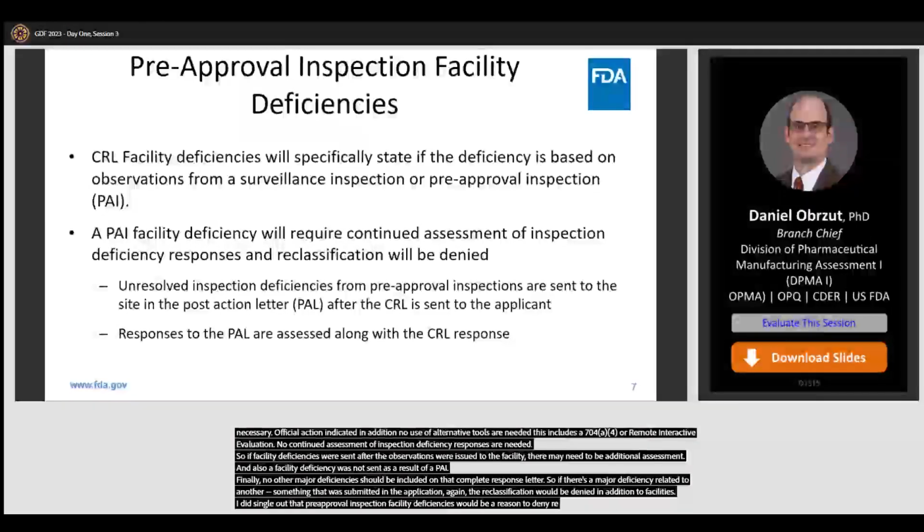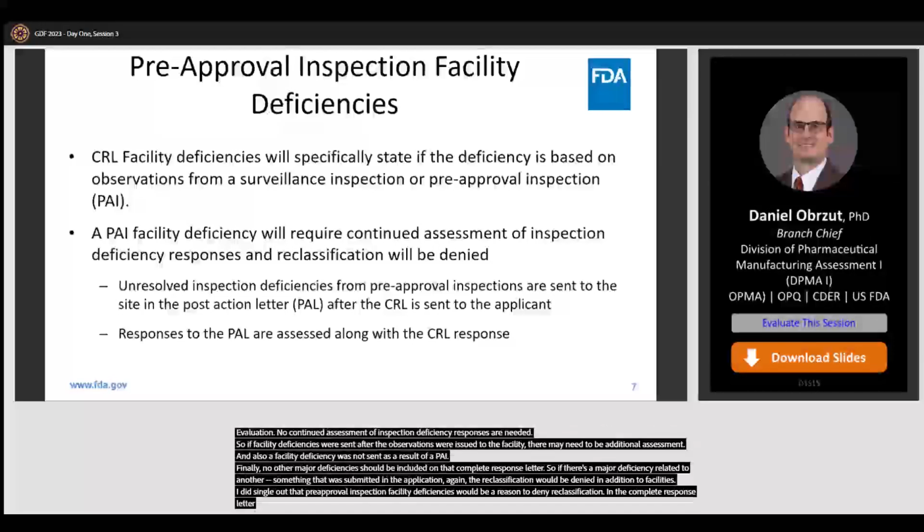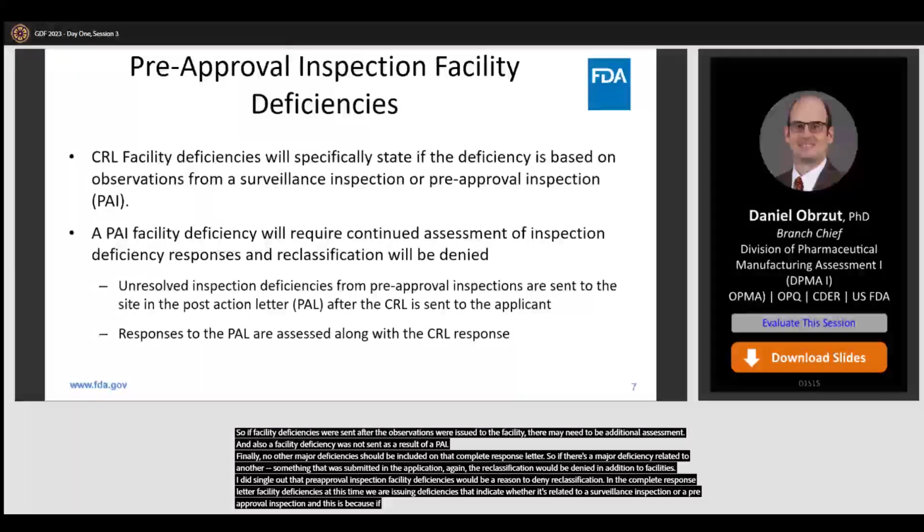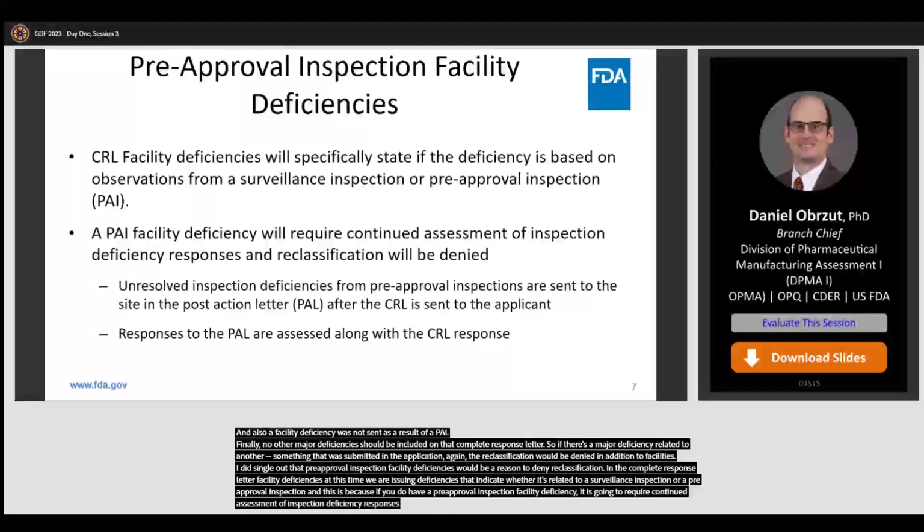In the complete response letter, at this time, we're issuing facility deficiencies that indicate whether they are related to a surveillance inspection or a pre-approval inspection. This is because if you do have a pre-approval inspection facility deficiency, it is going to require continued assessment of inspection deficiency responses, which again will result in reclassification being denied.